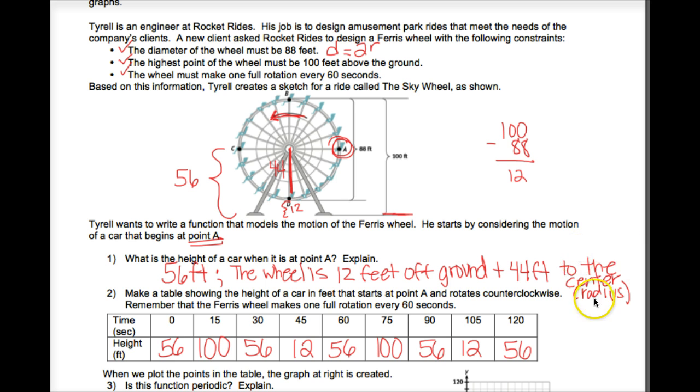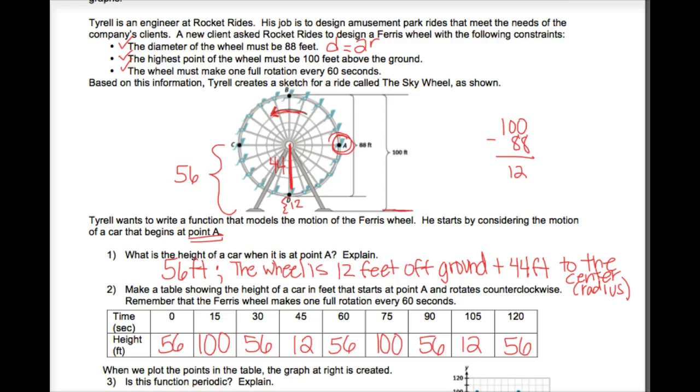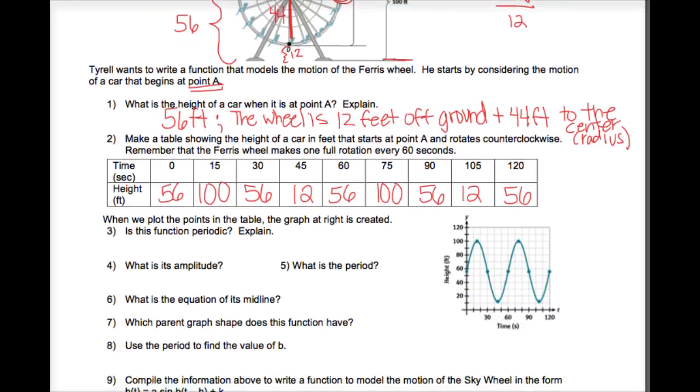Okay, so this table essentially becomes a T-chart, and what I have done with that over here at the right is created a graph. So time on my horizontal axis and height on my vertical axis. So 0, 56, 15, 100, 30, 56, 45, 12, so on and so forth.